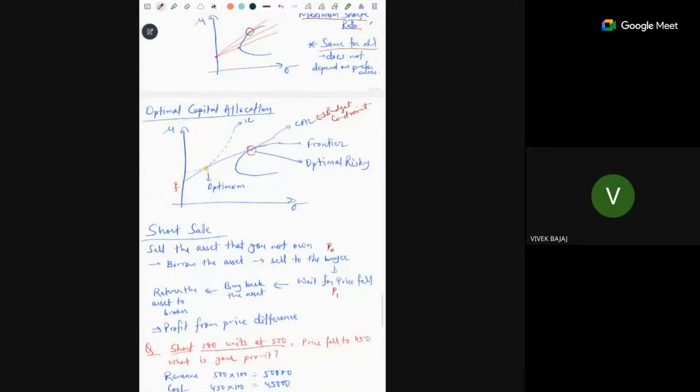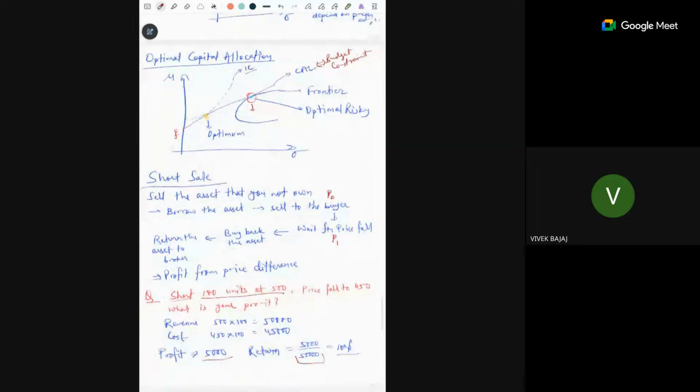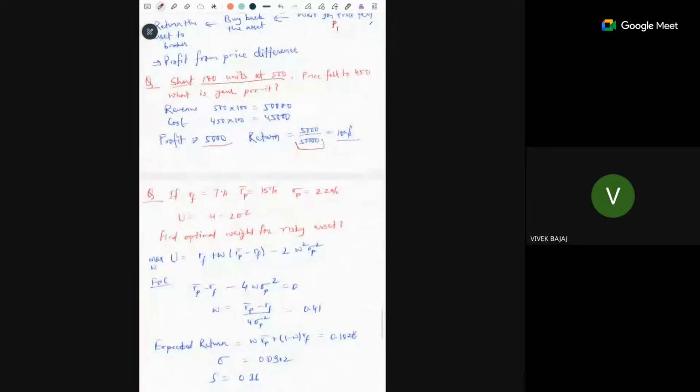Okay. Now we will take an example. If we know the risky asset's mu and sigma, and we know the preferences, then how can we calculate the amount which an individual should invest in the risky asset and the risk-free asset?